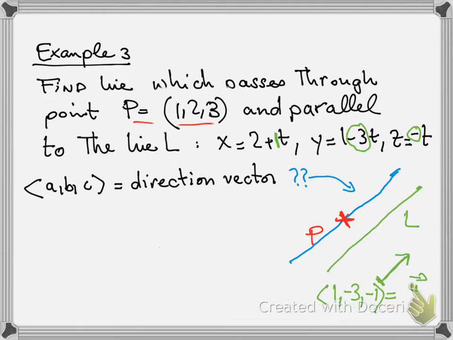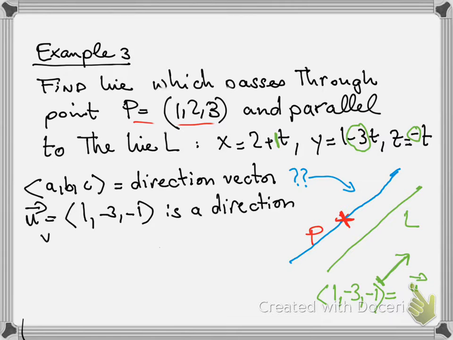So we know that u, which is (1, -3, -1), is a direction vector of our line.